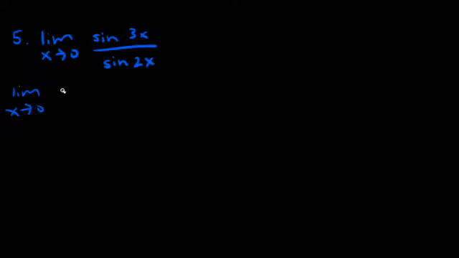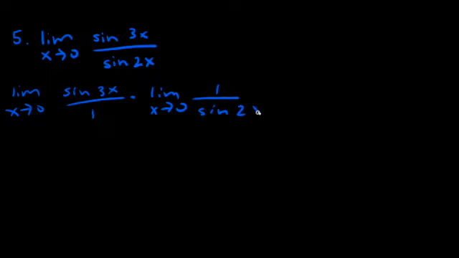So we'll have limit as x approaches 0 of sine 3x over 1 times the limit as x approaches 0 of 1 over sine 2x. So now we can just solve this as two separate problems, and then we'll multiply them together.